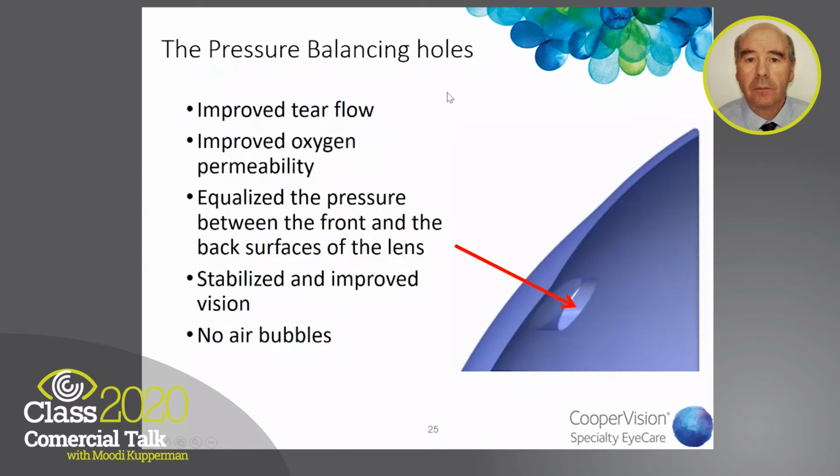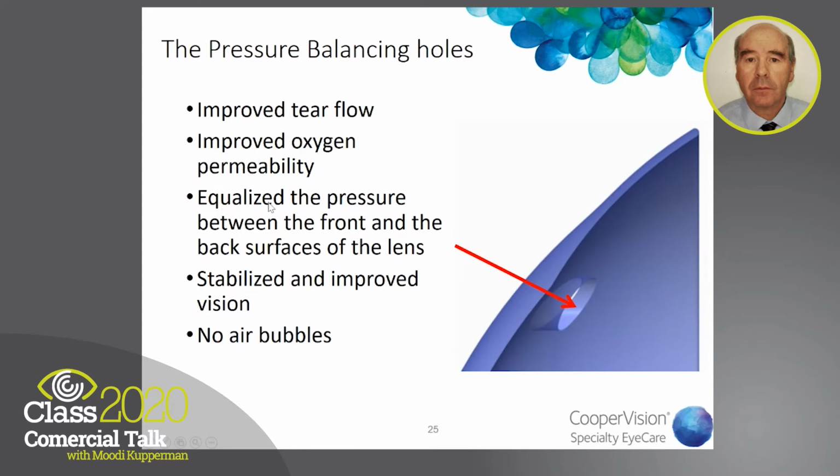So what do those holes give us? First of all, they improve tear flow. We found out, and I used to have a nice picture of this, that these fenestration holes act like a fountain. Of course, they improve oxygen permeability because of the high-speed tear flow.